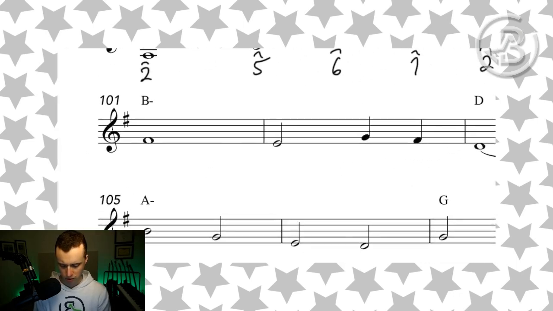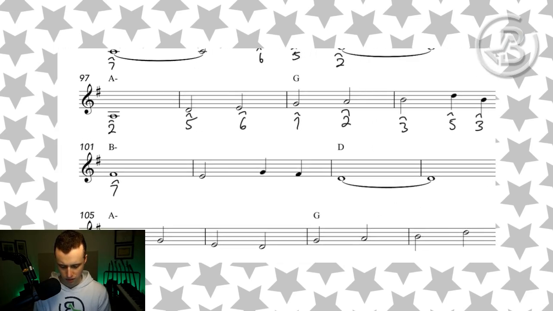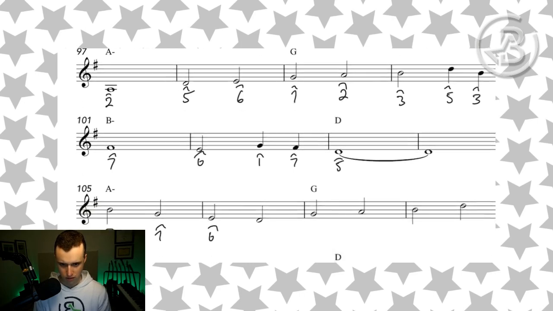Measure 101. 7 up the octave. 6, 1, 7, 5, 3, 1, 6. Oops, can't see that.